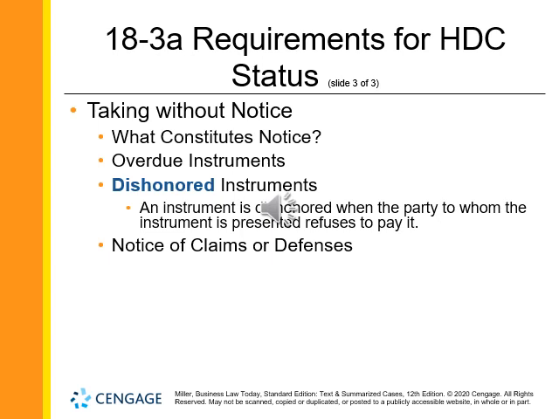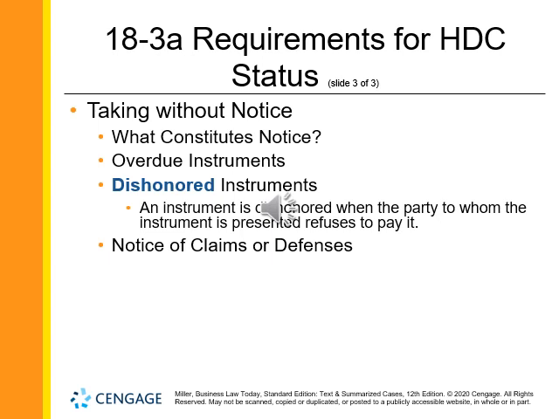Notice of claims or defenses. A holder cannot become an HDC if he or she has notice of any claim to the instrument or any defense against it. A purchaser has notice if the claims or defenses are apparent on the instrument's face, or if the purchaser has reason to know of them from facts surrounding the transaction.